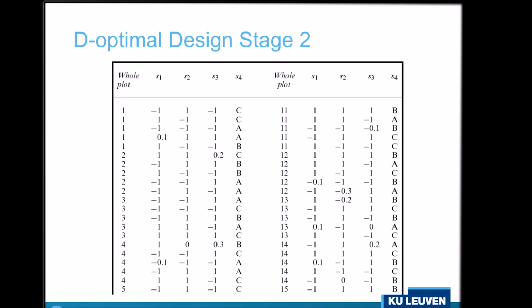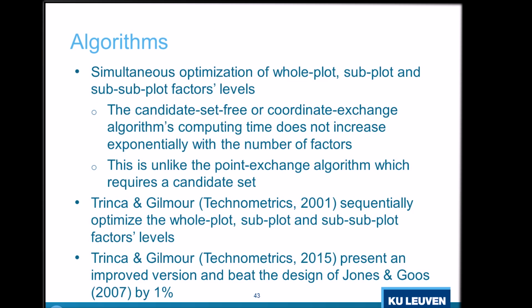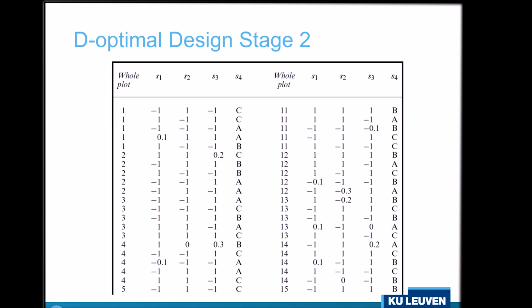Yeah. One thing you could do is, so I'm back at slide 42 with the design that has funny values for its factor levels. What you could do is you could restrict your candidate set algorithm to consider only 3 levels per factor. You could restrict the algorithm to just use -1, 0, and +1, and that would already be much better in terms of the aesthetics of the design.